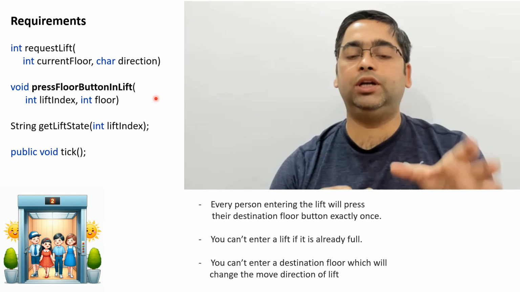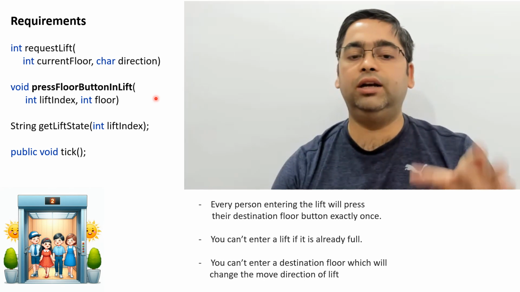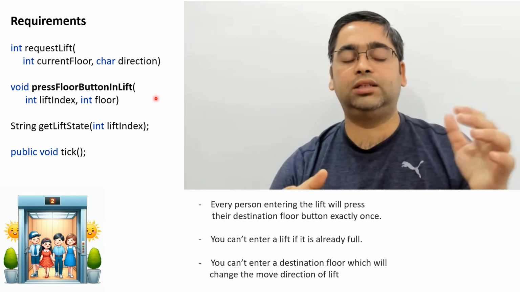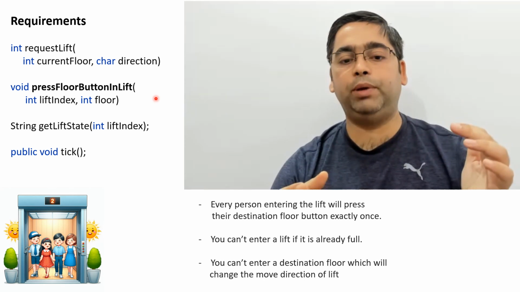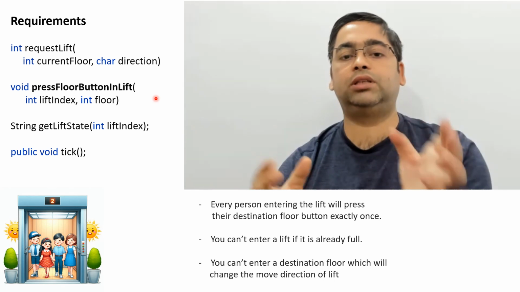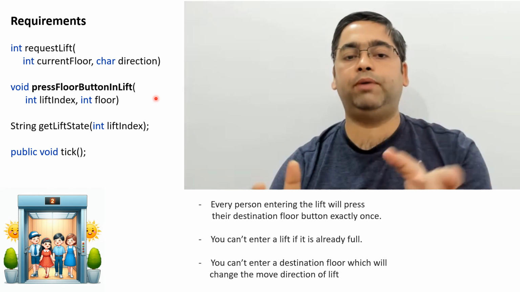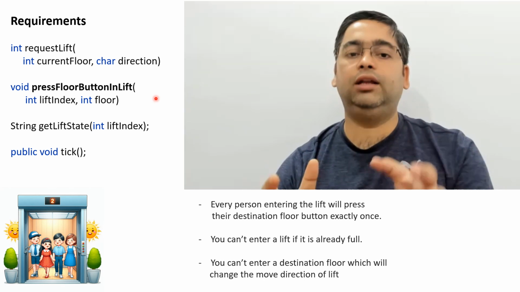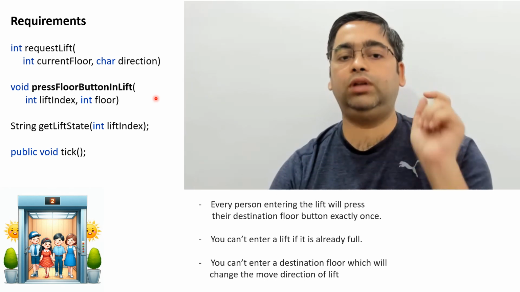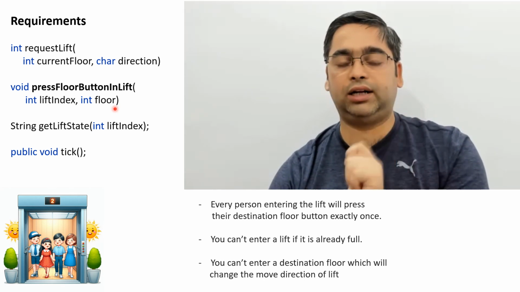This is done to keep track of the number of people entering inside the lift. In the real world, lifts generally have a weight system, like this lift can carry only 400 kg of people, and when it's full, it gives a beep sound, and it means some people may have to get off. But here, to simplify things, we have taken the count directly, and for accurately tracking that count, each person entering inside the lift will press their destination floor button exactly once.